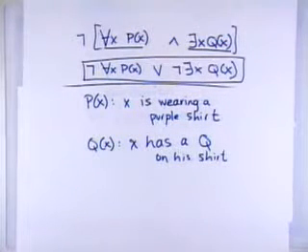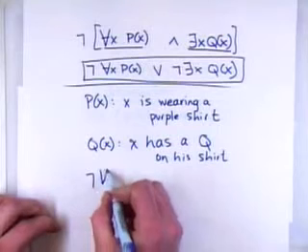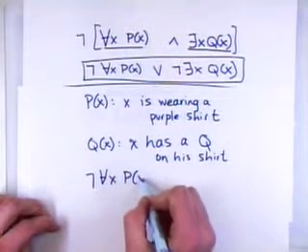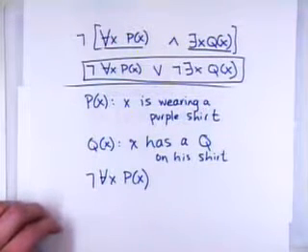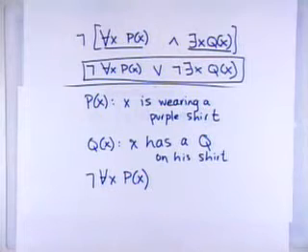And our universe of discourse is going to be people, and we'll just say that it's people in this room, just to make it something we can talk about. Now, what does not for all x, p of x mean in English? The way to figure it out is to write for all x, p of x in English and then negate it.